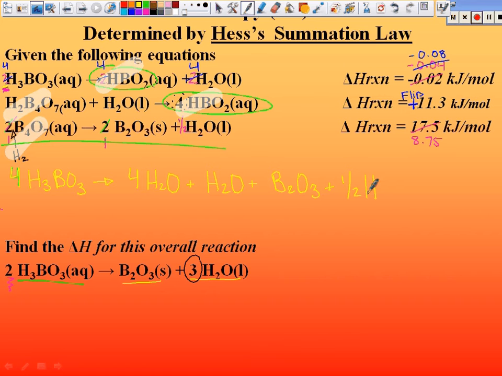So all I did was just bring down everything we had left. That's where I was heading next. So technically, how many H2Os do I have? Why do I have 6 written down?